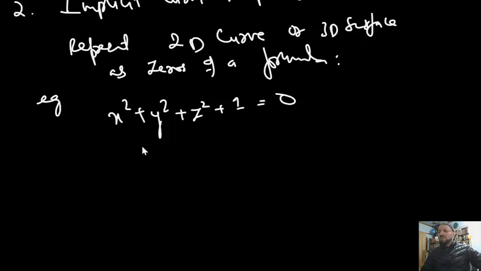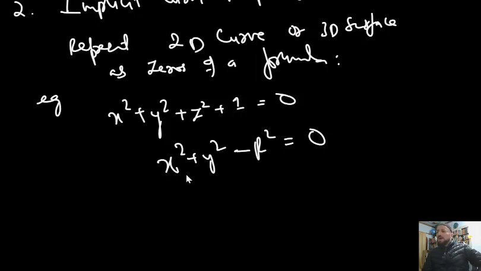For example, the circle formula: x square plus y square minus r square equals 0. You can plug in x, and for a particular x we can have different y values also. So this is one important point, because it can represent multi-valued curves.